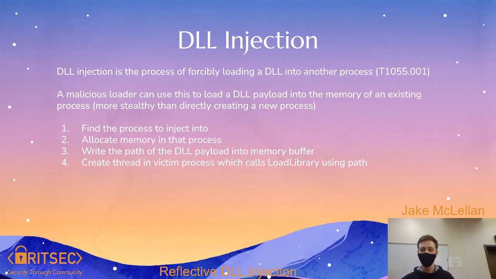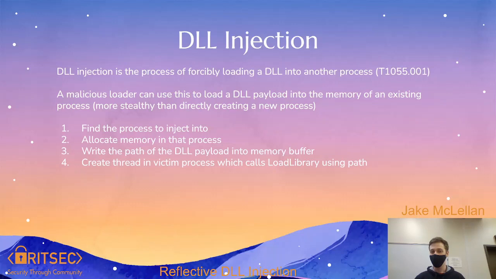You allocate memory into that process, right? So it's not a lot, just enough to cover the path of the DLL, which, as you can see in step 3, you're going to be writing the path to that DLL into that buffer that you just allocated. And then the 4th step is to call LoadLibrary with that buffer as the argument.